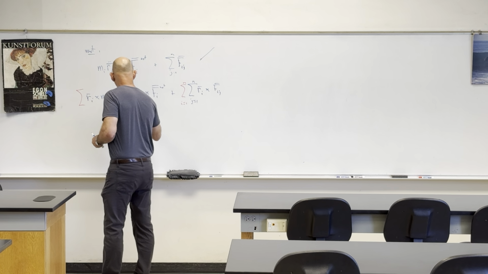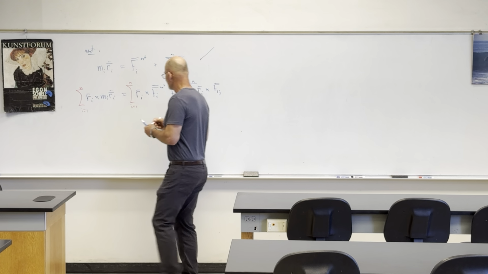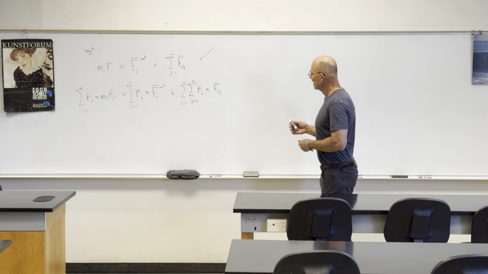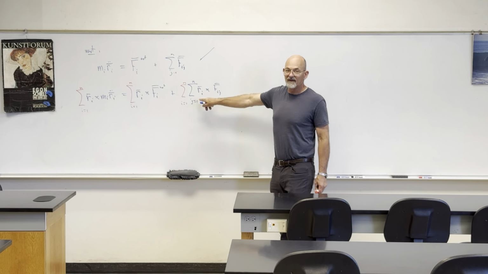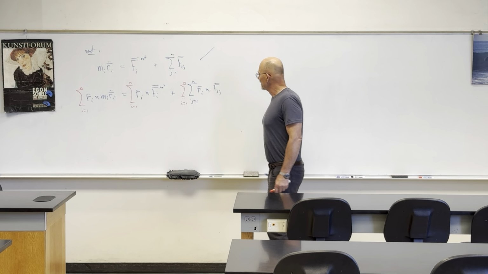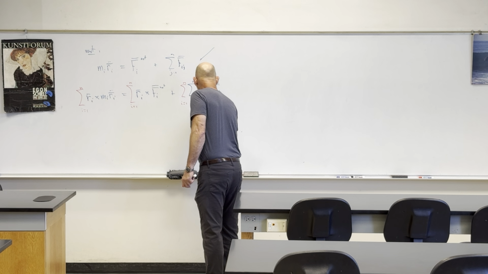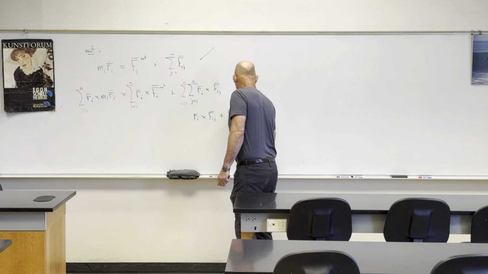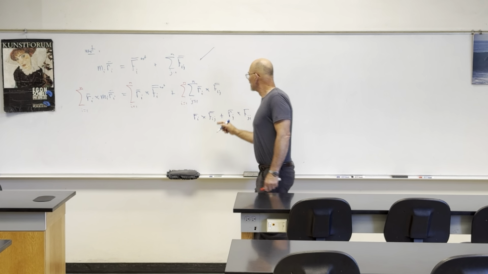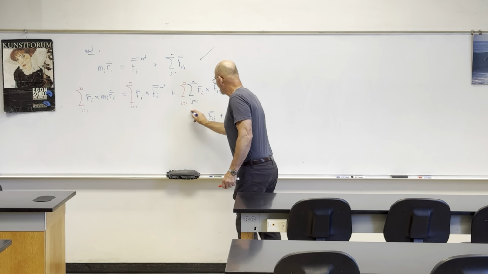So here we're summing i equals 1 to N. And our task is to show that all of these vanish again. So what we'll do is we'll break it up into r_i cross F_ij plus r_j cross F_ji. So this double sum consists of a bunch of these expressions.